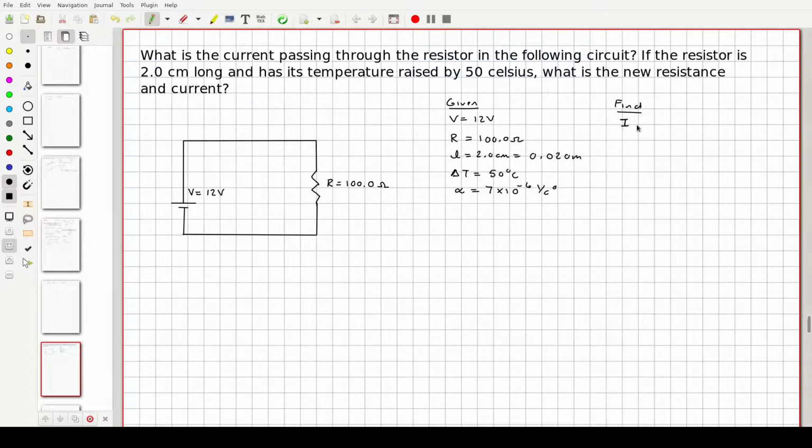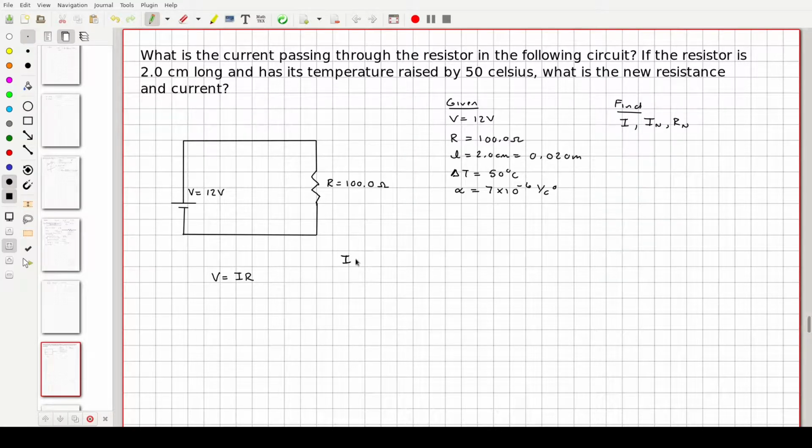What we're trying to find is I, and then I'm going to call it I new and resistance new. Okay? So the first thing we're going to do is to find I. And to do that, I'm going to use Ohm's law. V is equal to I times R, because I know my resistance and I know my voltage.